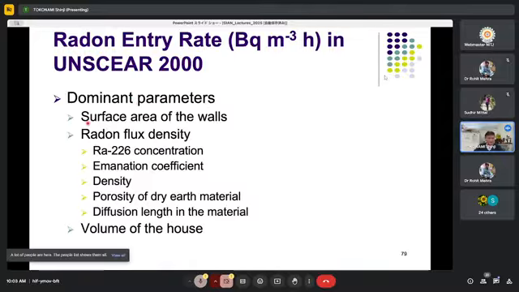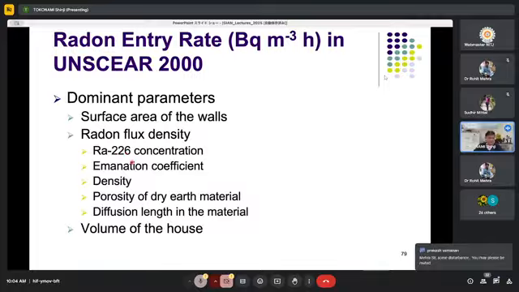First one, surface area of the walls. Second, radon flux density. It is also influenced by radium-226 concentration and emanation coefficient, density of the material, porosity of dry earth material, and diffusion length in the material, and also the volume of the house.